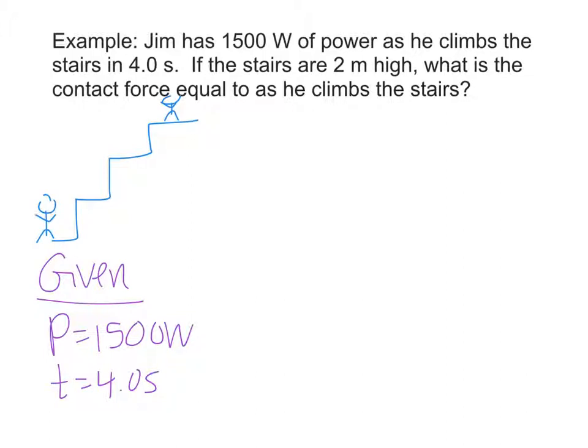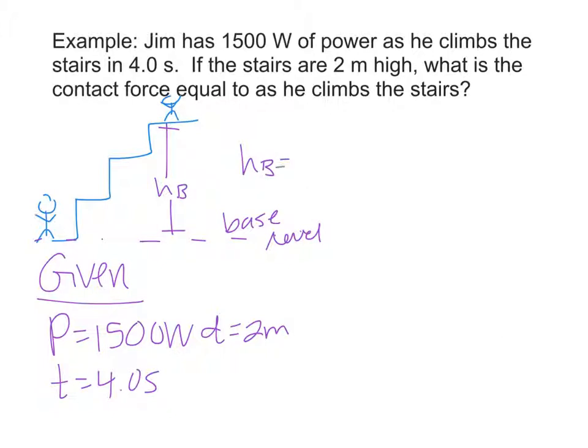So the distance that he's going in terms of where he starts to where he ends up is going to be 2 meters. Because we're only looking in terms of gravitational potential energy, if he starts here, this is the base level. This would be the height technically at B. So that height at B is equal to the distance covered by the force causing him to go up the stairs.